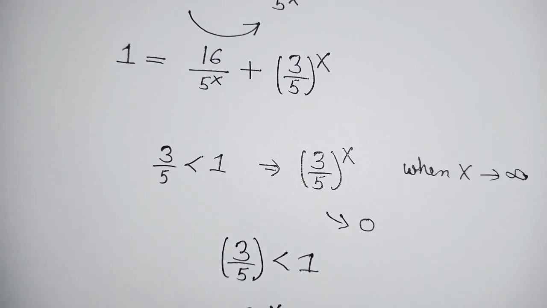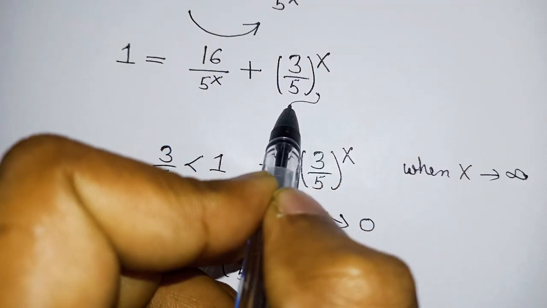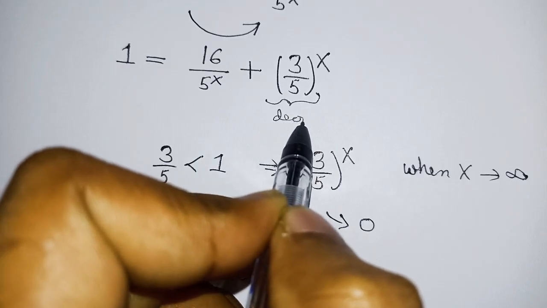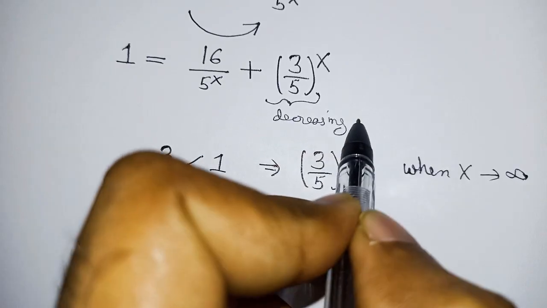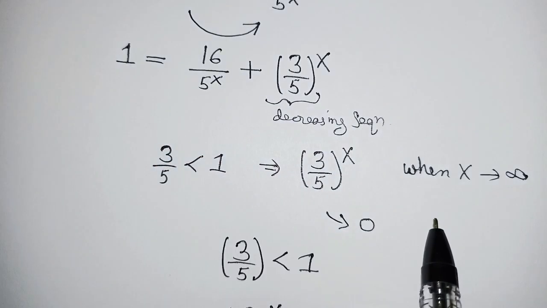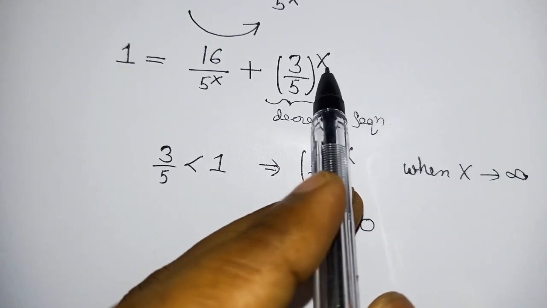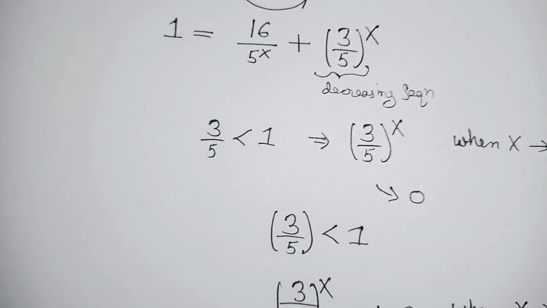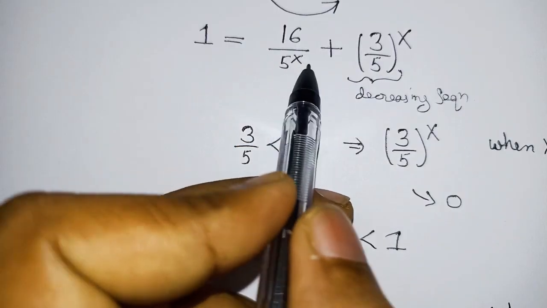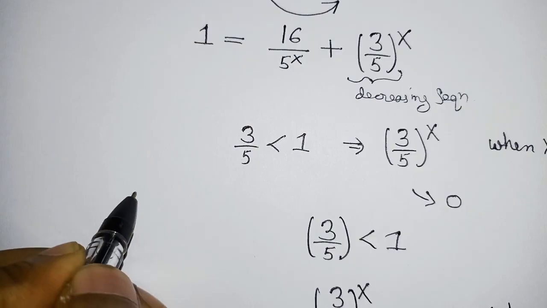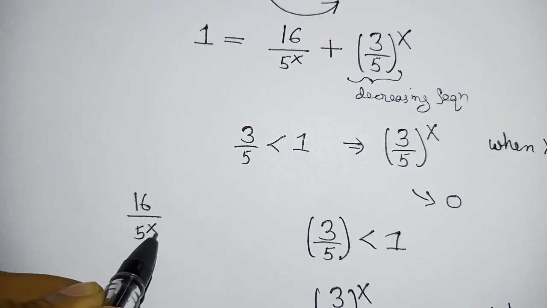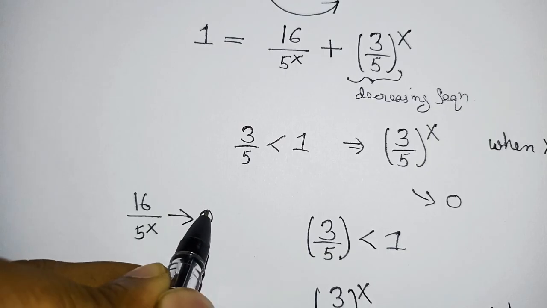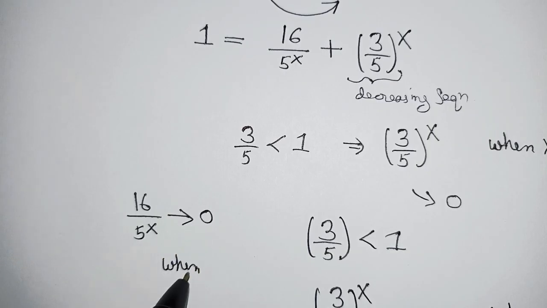So we can say that this whole value is a decreasing sequence depending on the value of x. Similarly, for this value 16/5^x, we know that it will tend to 0 when x tends to infinity.